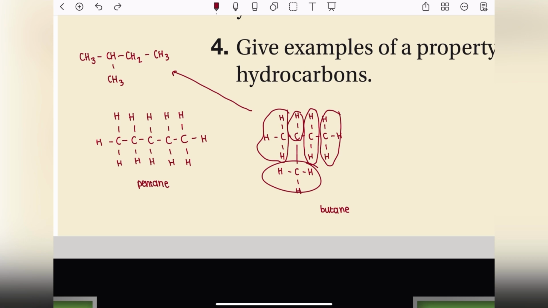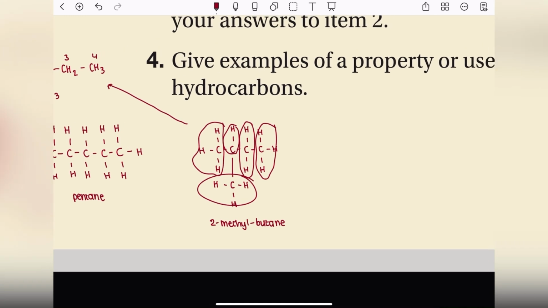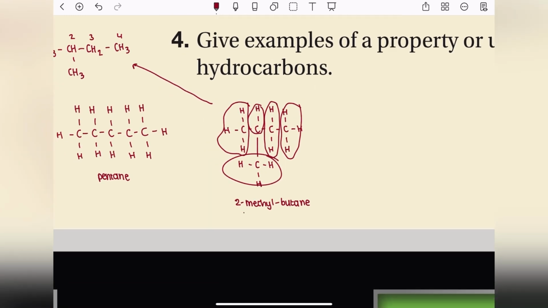So we'll go here, and there's only 1 methyl group, so no prefix at the beginning. So far we have methylbutane, and numbering it, we get a 2 for methyl. So 2-methylbutane.